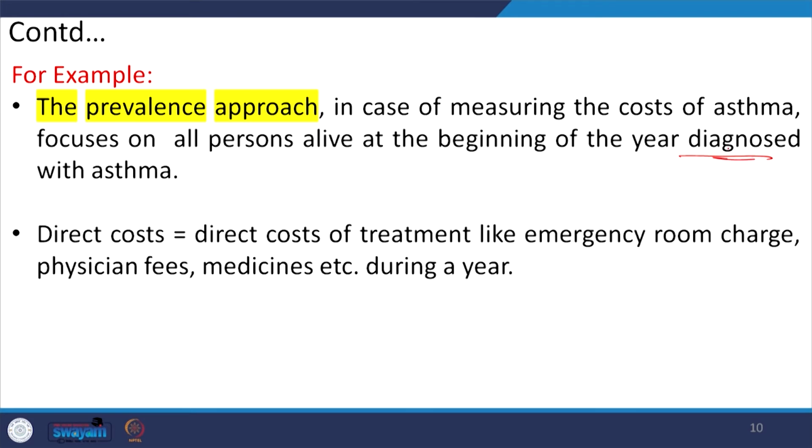In that case, we are calculating the direct cost by taking into account direct costs like treatment costs, charges that we are paying for the emergency room, physician fees, or medicines that we are consuming during a year.